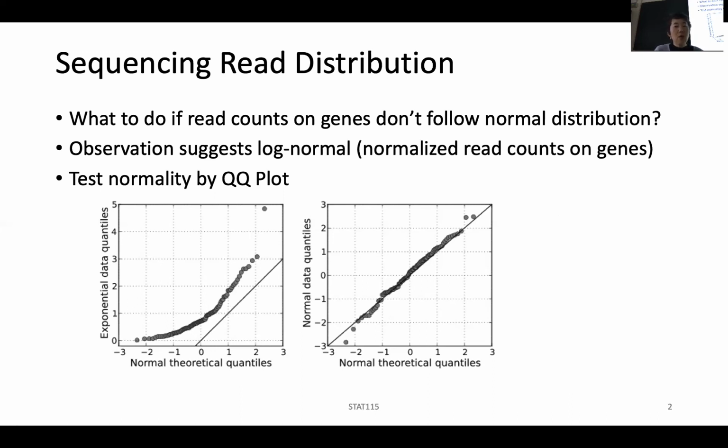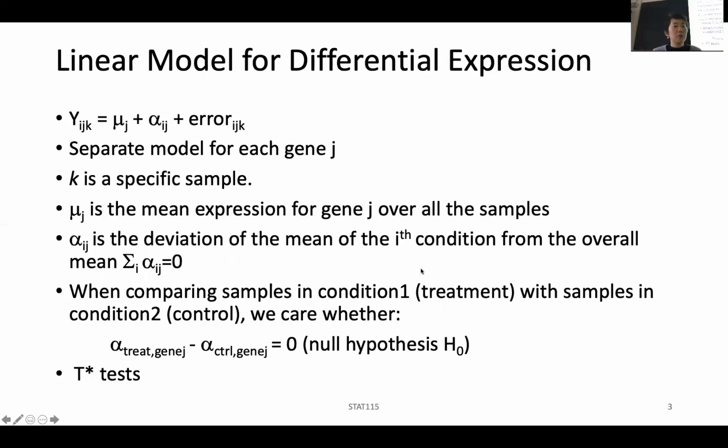It has been seen that with high-throughput sequencing data, if you look at the read count that lands on a gene, and you look at many samples and their differences or variations, after taking the log of the read count, it roughly follows a normal distribution.